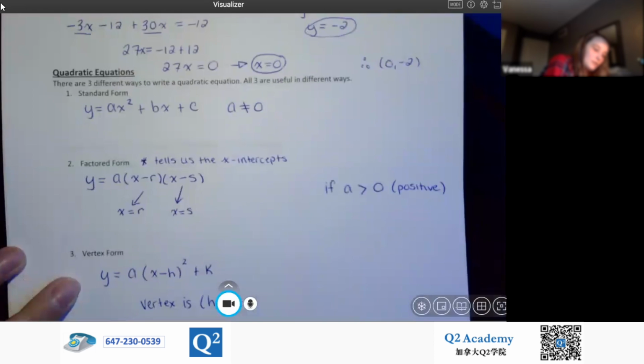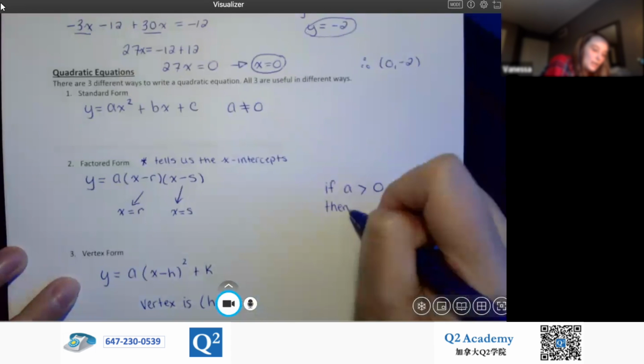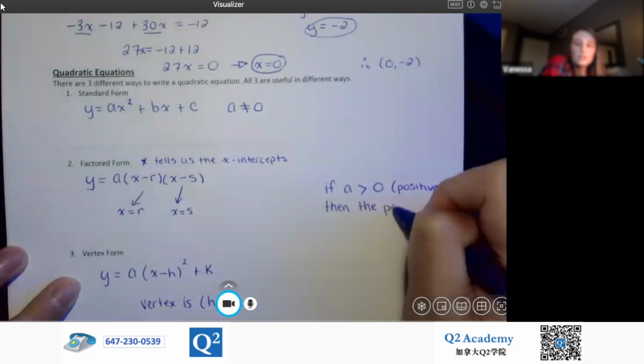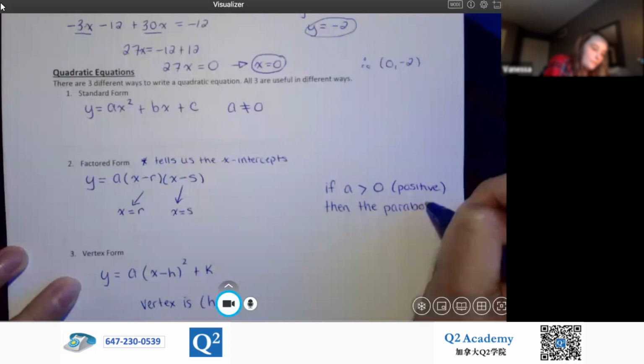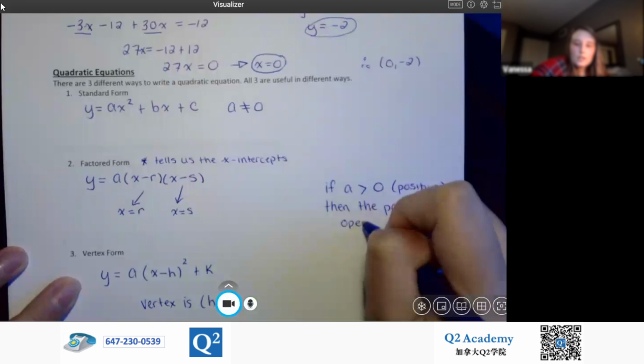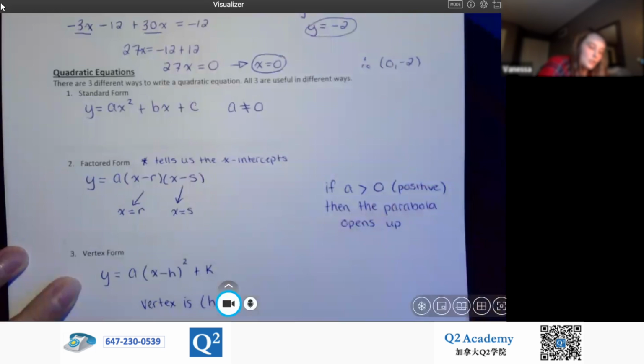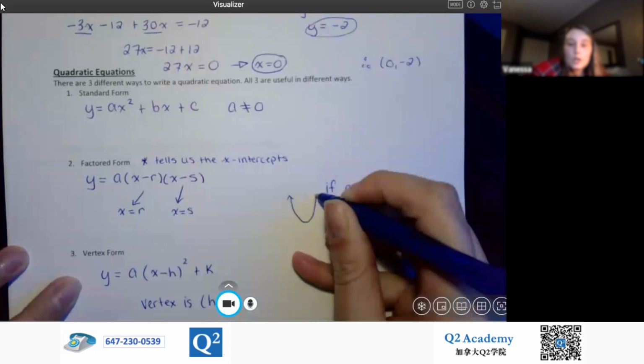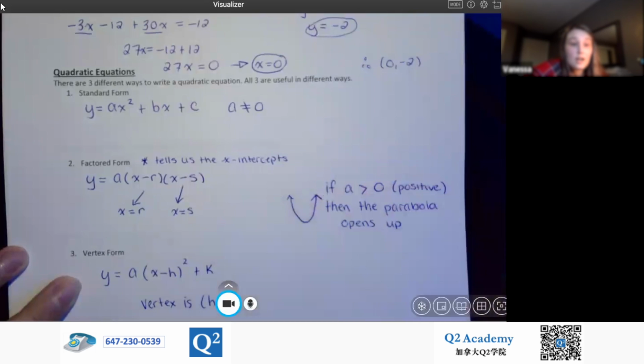The parabola, which is just another word for quadratic, opens up. So this is when you have a situation and your arms open up to the sky. So these are called the arms. They go up to the sky and it opens up.